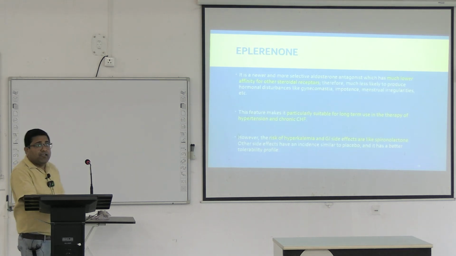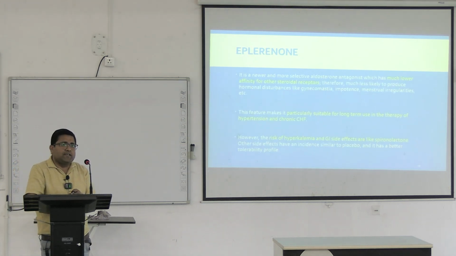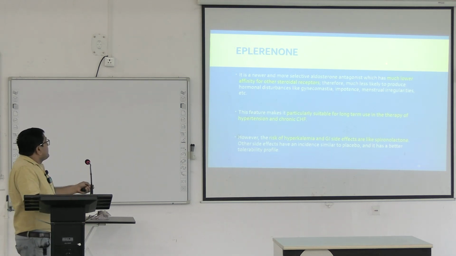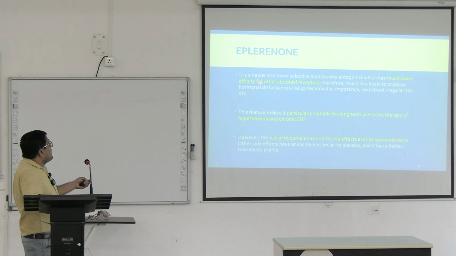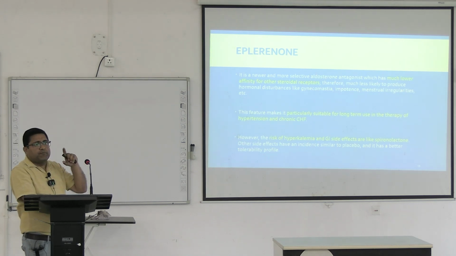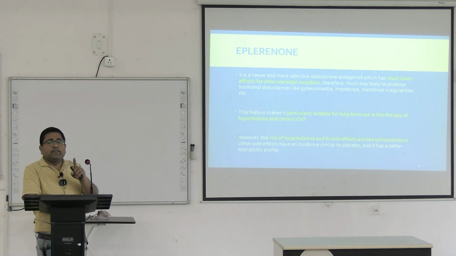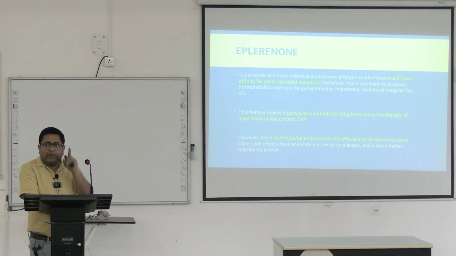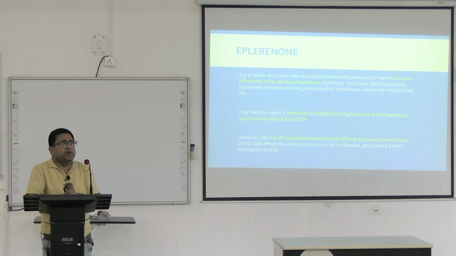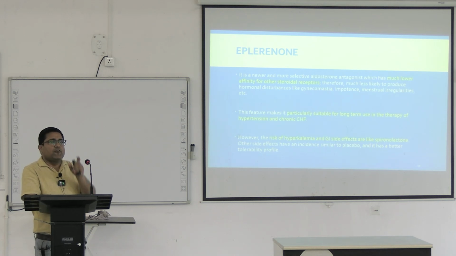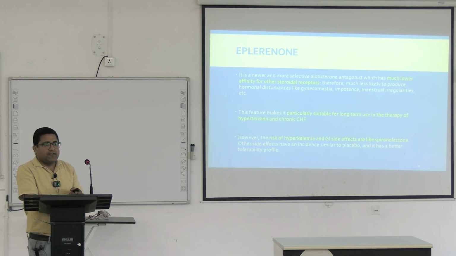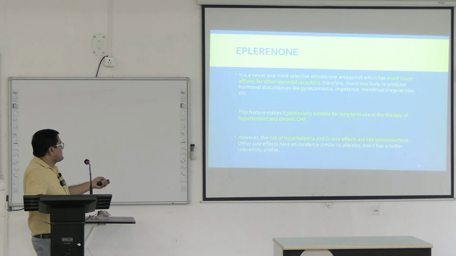Now coming to the second aldosterone antagonist, Eplerenone. Action is more or less similar to spironolactone, but it has much lower affinity for other steroidal receptors. So the hormonal related side effects are lower with Eplerenone compared to spironolactone because it is more selective for aldosterone receptors than for other steroidal receptors.